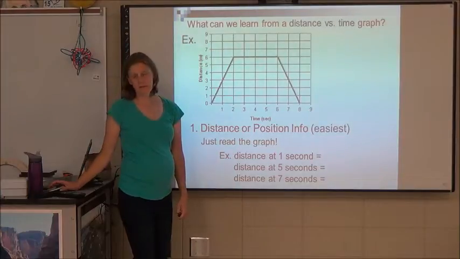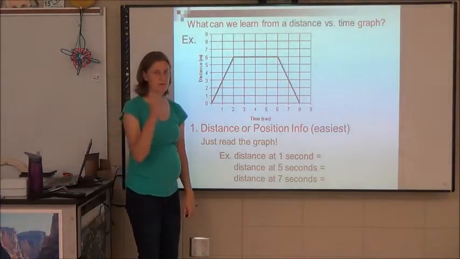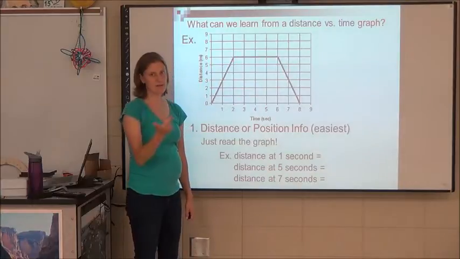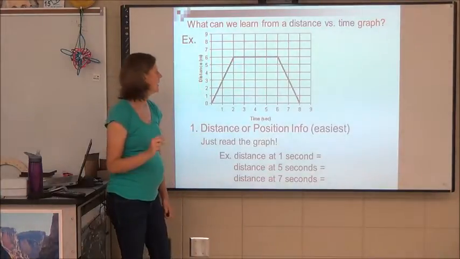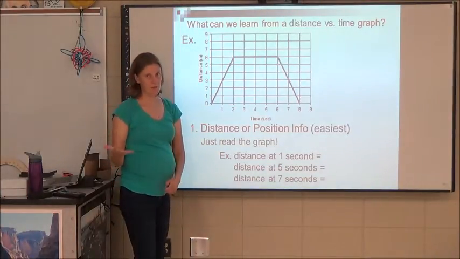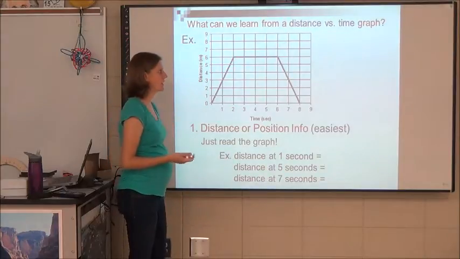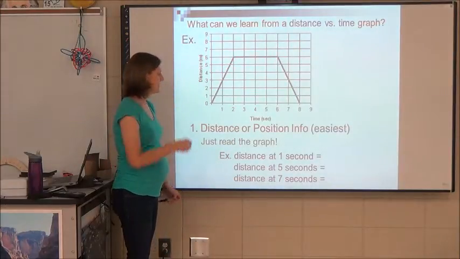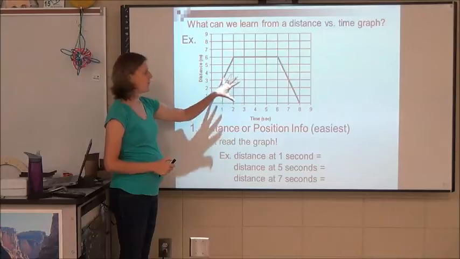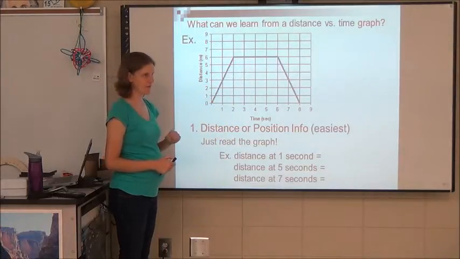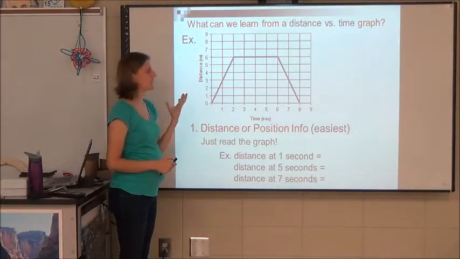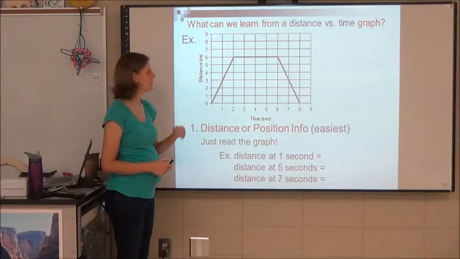So we will study those three types of graphs: distance, velocity, acceleration. And I'll ask you questions about those three things on each graph, with the exception that I won't start you with a distance graph and ask for acceleration. Or at least it will be 0.